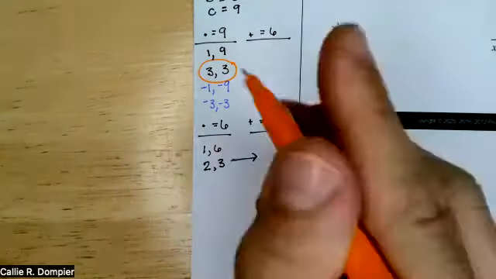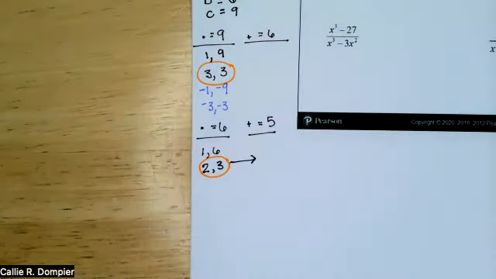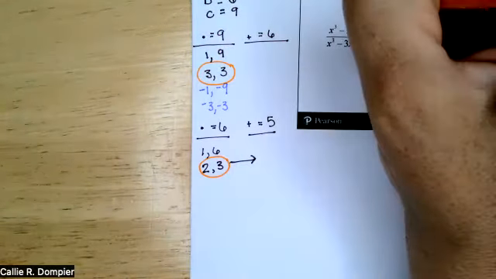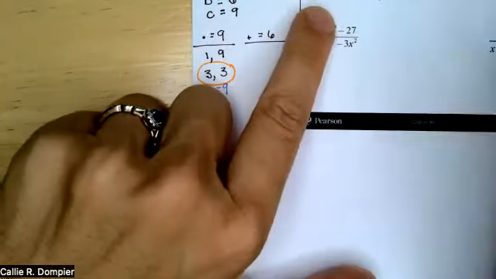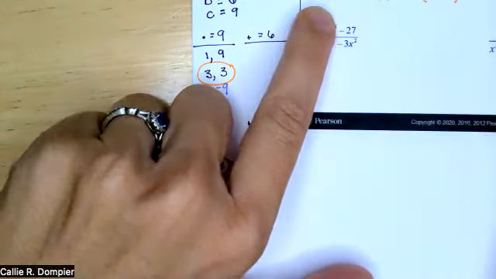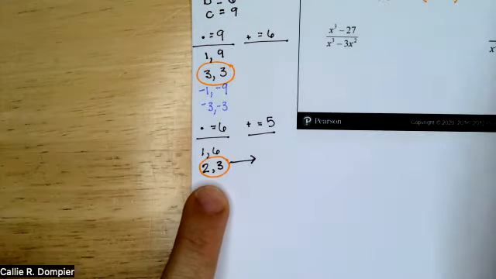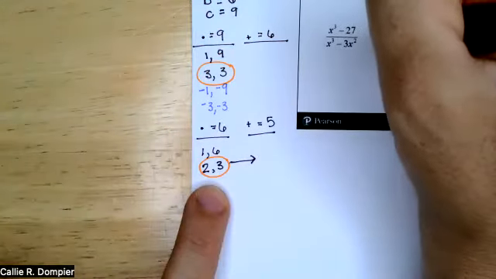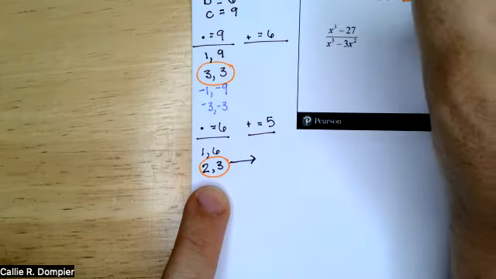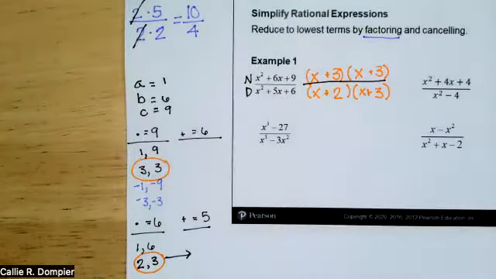Sorry, sometimes I circle it, sometimes I draw an arrow. I know I did that last class too. Not clear. So again, because A is 1, we just say x times x. And then our second term in the binomial is going to be our two factors of c. The two factors of c are a positive 2 and a positive 3. So this is fully factored.